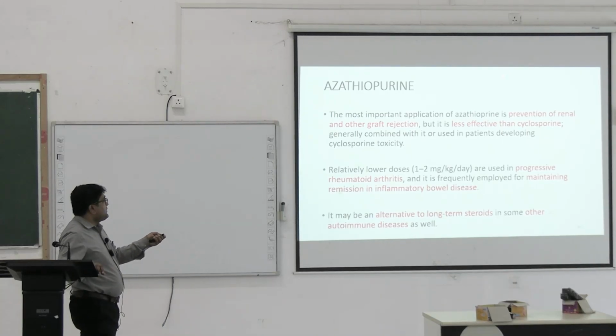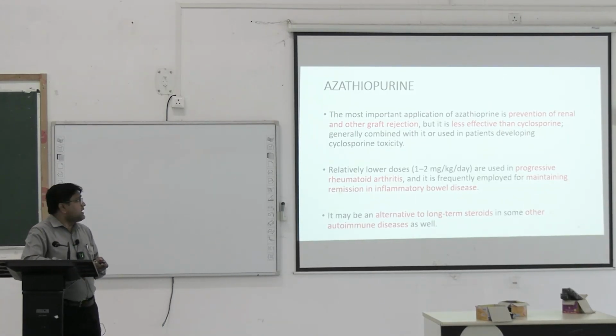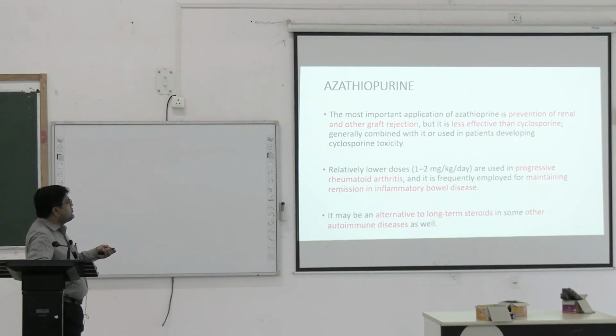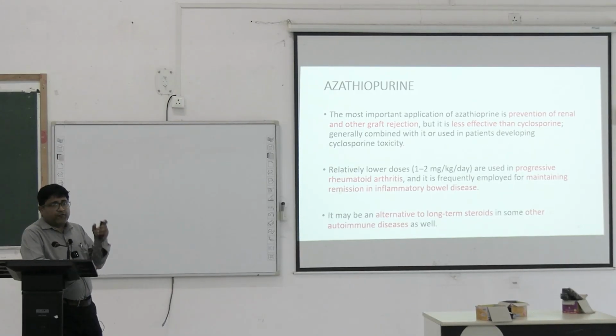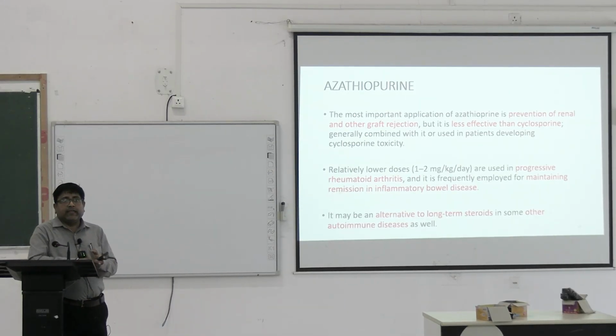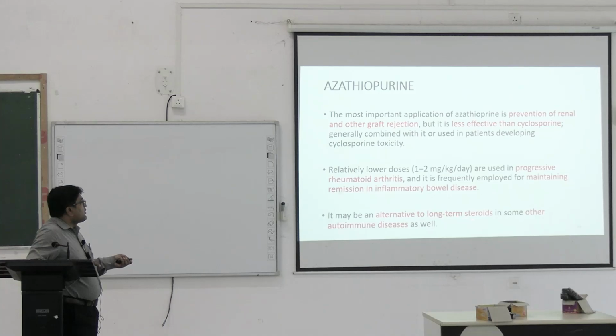The most important application is prevention of renal and other graft rejection. They are less effective than cyclosporine, generally combined with it or used in patients developing nephrotoxicity due to cyclosporine. Relatively lower doses are used in progressive rheumatoid arthritis and for maintaining remission in inflammatory bowel disease. It may be an alternative to long-term steroids in some autoimmune disease.